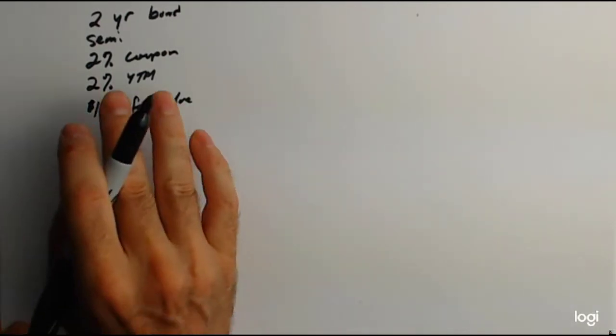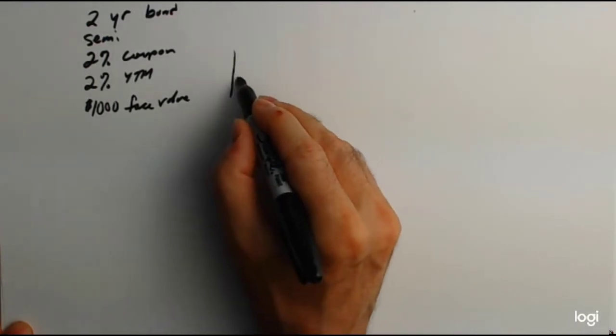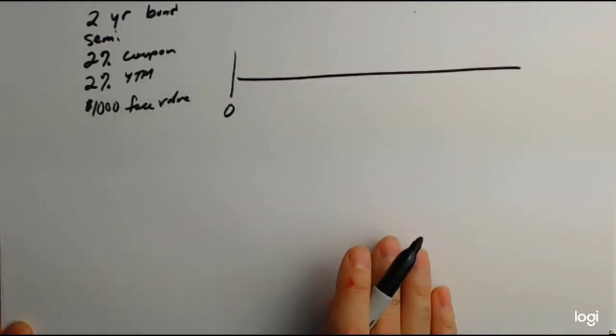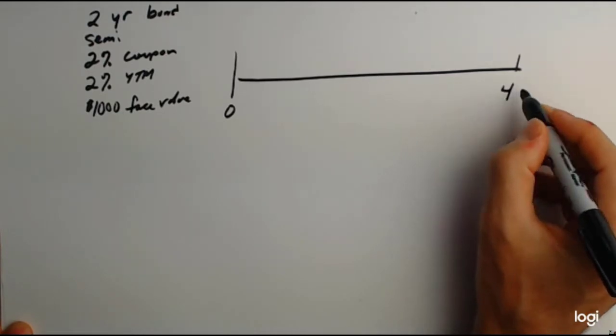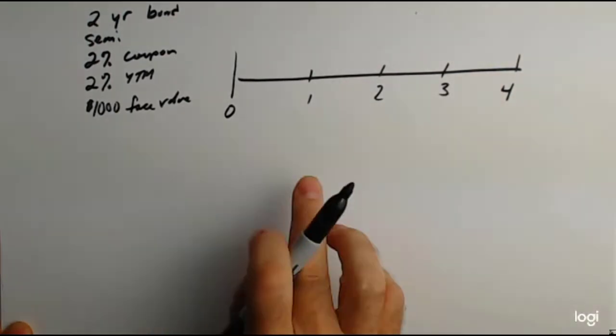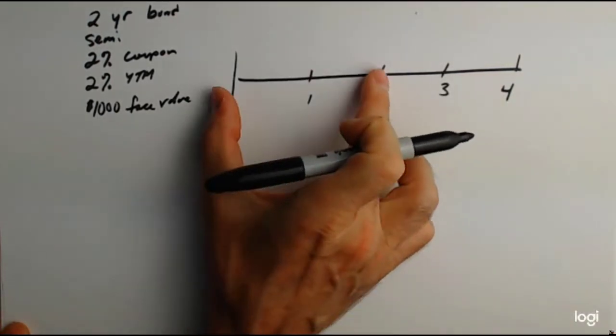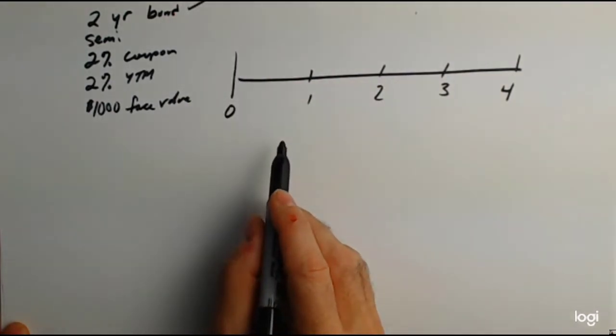And so what we want to do with this information right off the bat is map it out on a timeline. So you start out at time 0, and we're going to have 4 semi-annual periods. That's 1 year. That's the second year, because it's a 2-year bond that pays semi-annually.